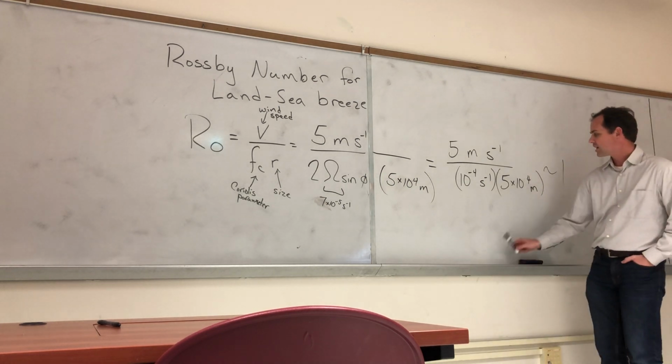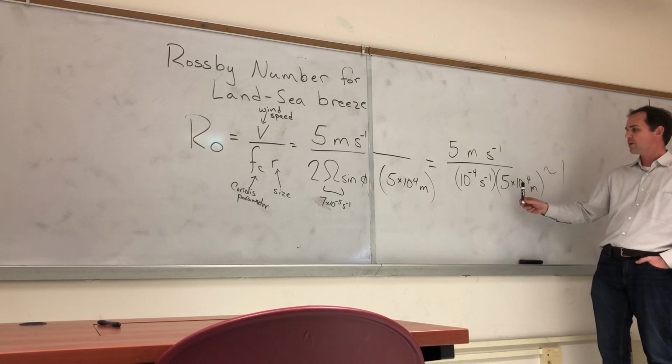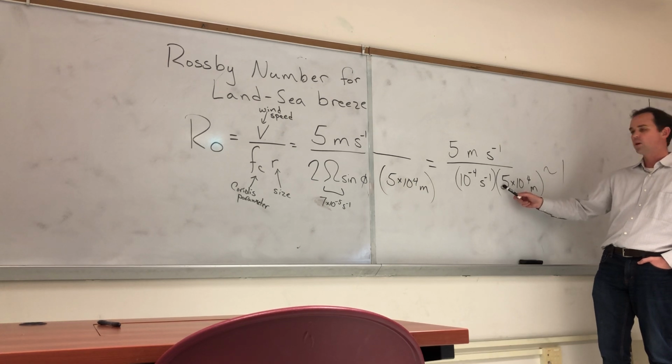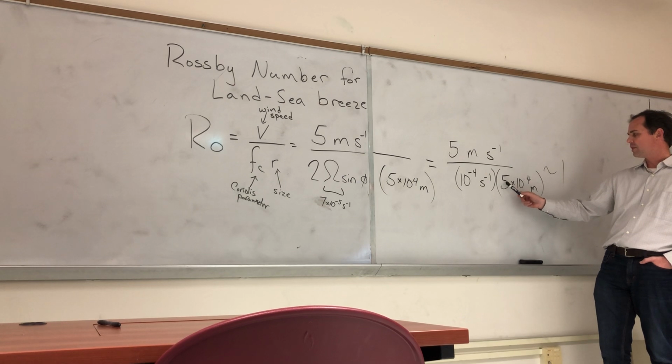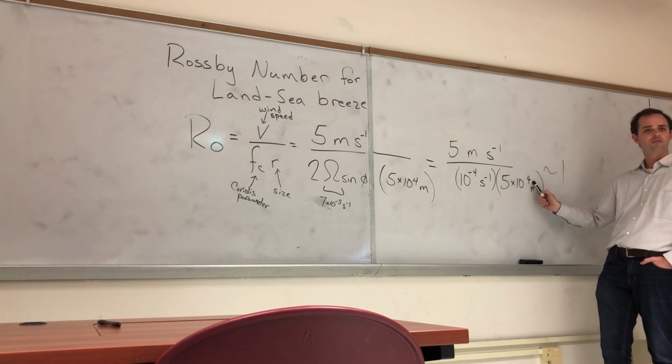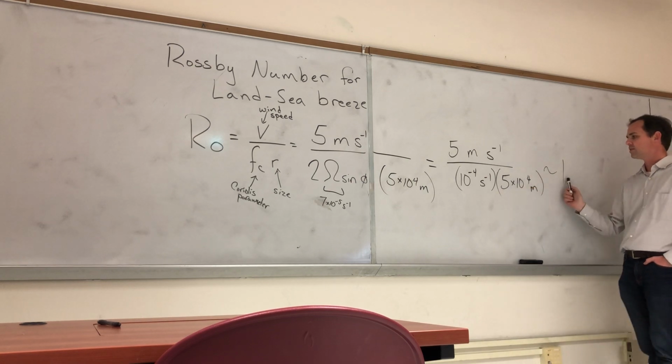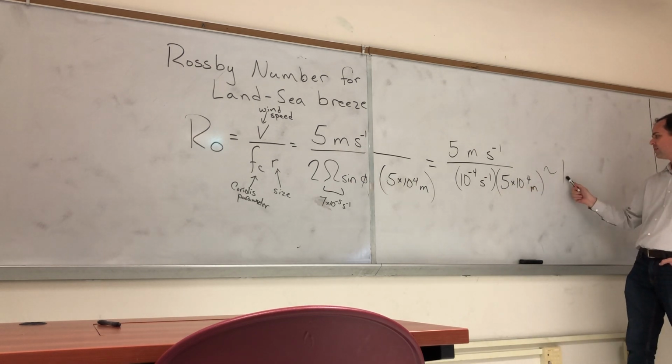Now, let's think about this. If we were talking about a land sea breeze that went 200 kilometers inland, then this wouldn't be 5 times 10 to the 4, this would be 2 times 10 to the 5. If this were going 200 kilometers in, this would drop to 0.25.